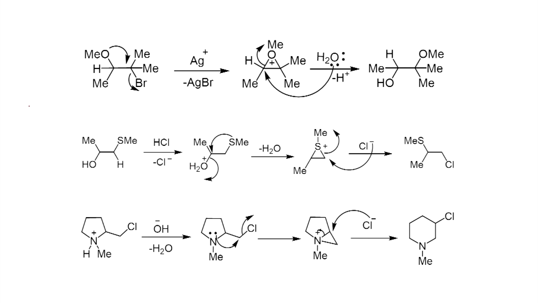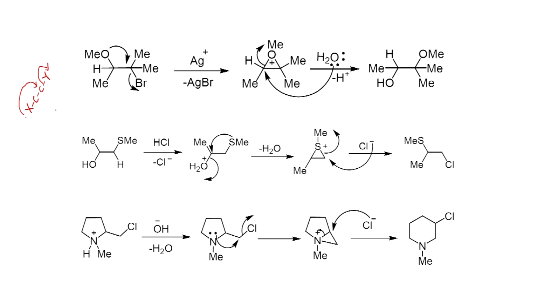For example, if we have X which has a lone pair, as we have seen in the case of aromatic systems, it can assist as a neighboring group to cleave this carbon-Y bond.